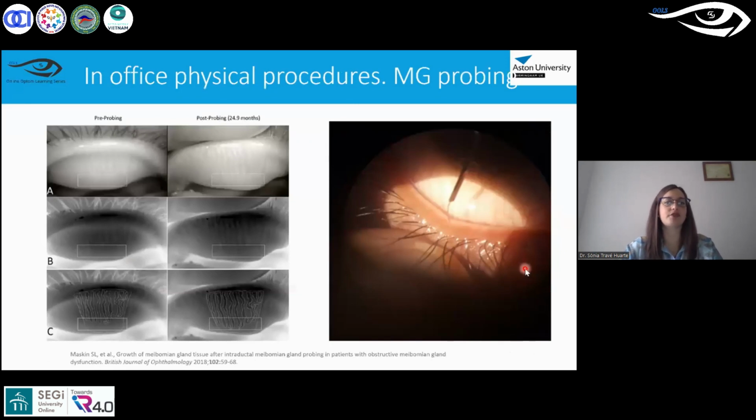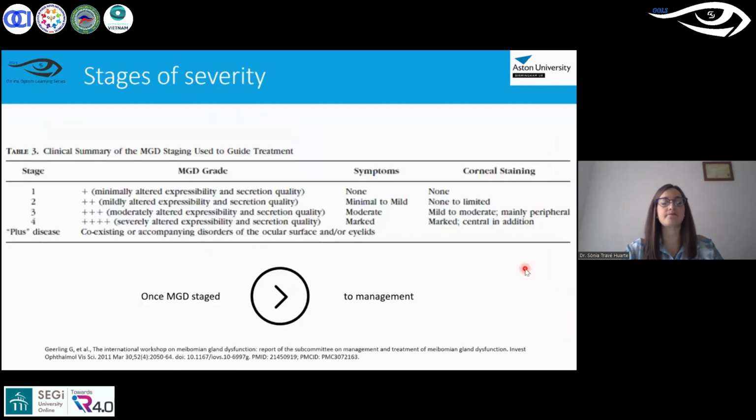And then we have other treatments such as probing. That's again very intense. Those are new procedures that are being used. Some of them have not been proven yet. I just thought I would share. And this one, basically, they just probe within the gland to remove any fibrosis from within and to help unblock any possible blockage in those glands.